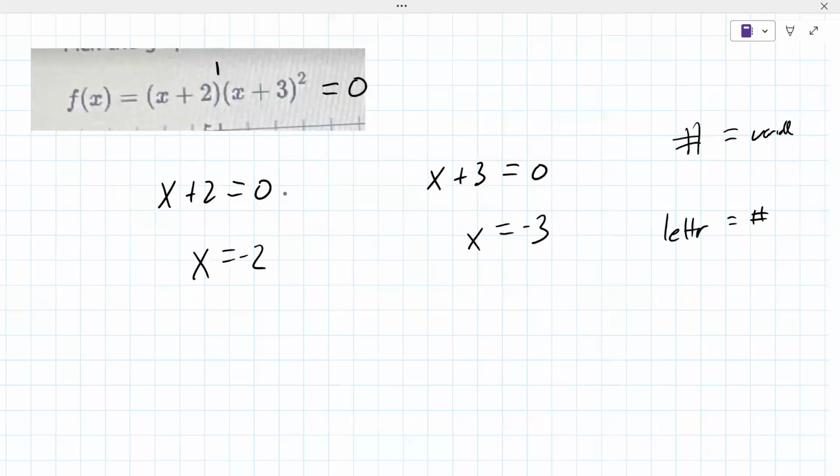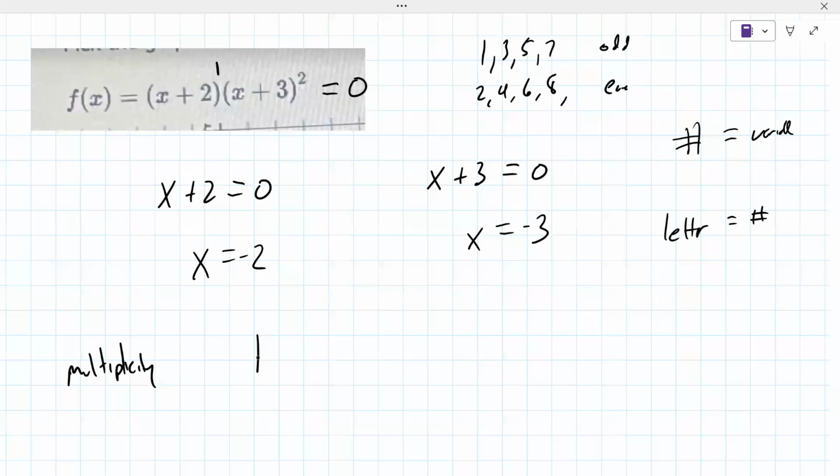All right, so this time here, the multiplicity is the exponent. What's the multiplicity at -2? What's the exponent above it? 1. Is that odd or even? One is an odd number, like 1, 3, 5, 7. Those are odd. 2, 4, 6, 8, and so on, those are even. So look back in your notes here if you wrote it down. Does it touch or cross at -2 with a multiplicity of 1?